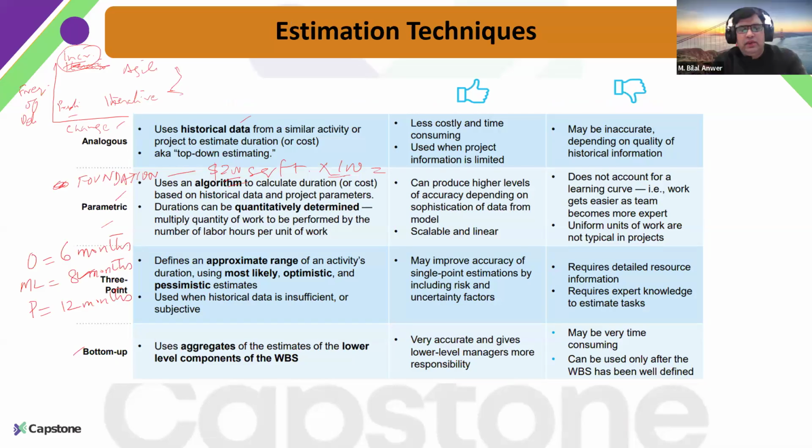Can it be a combination of two? Maybe there can be a scenario, like analogous with 3-point. No, the scenario will lead you to only one of these, because otherwise there will be confusion about what the right answer is. Okay, from an exam perspective, yes, but in an actual scenario, since you are taking these 3 estimates, these are also 3 different estimates.